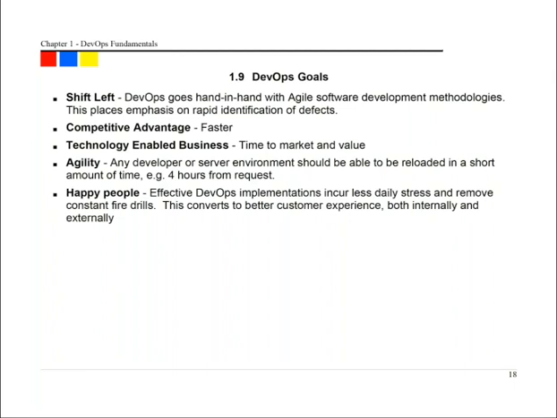One of the ways that we do that is by shifting left. Now, shift left is one of those jargon terms in DevOps, but what it means is taking decisions, sometimes responsibility, that happens downstream in a process and moving it earlier on.